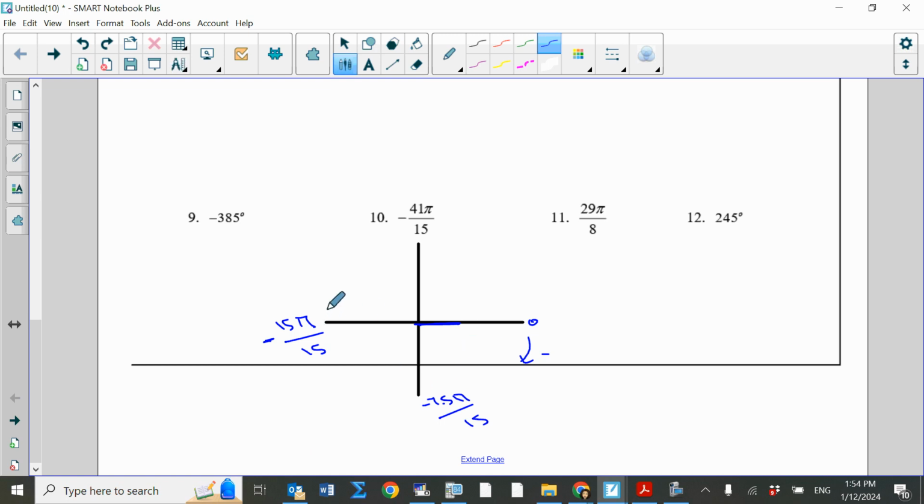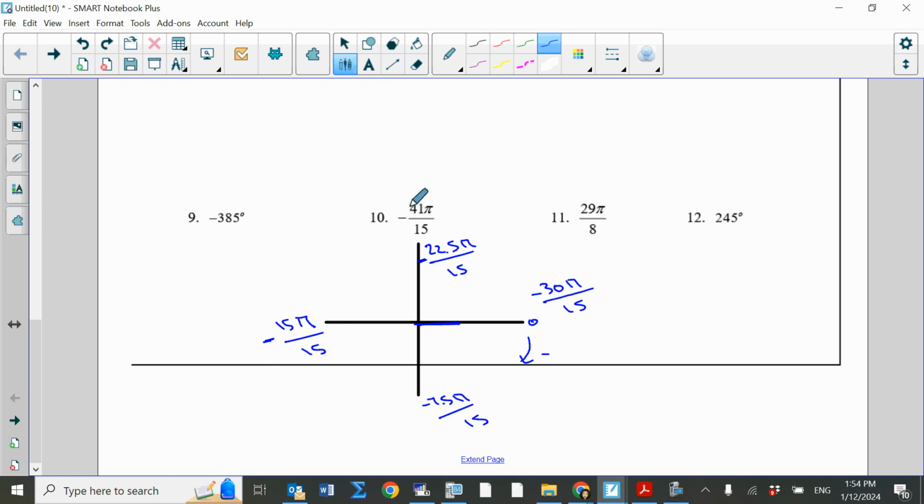Now, if we continue, we're going to reach here. That's going to be 15 plus 7.5, which is 22.5 over 15. And if we continue moving, we're going to reach here, which is negative 30 pi over 15, because you're adding another 7.5 to this.